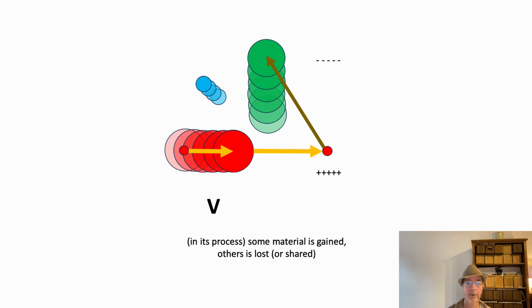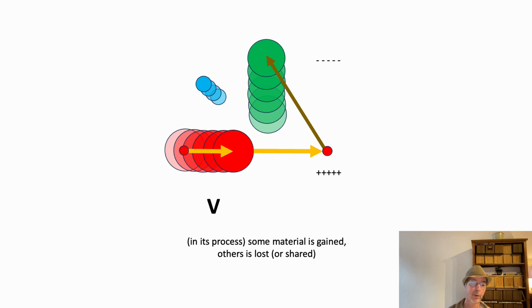And what can happen is that something moves forward, and during the move forward it will lose some of its elements and it will gain some of its elements. That is also possible because some elements will go elsewhere and other elements will come with the main direction.